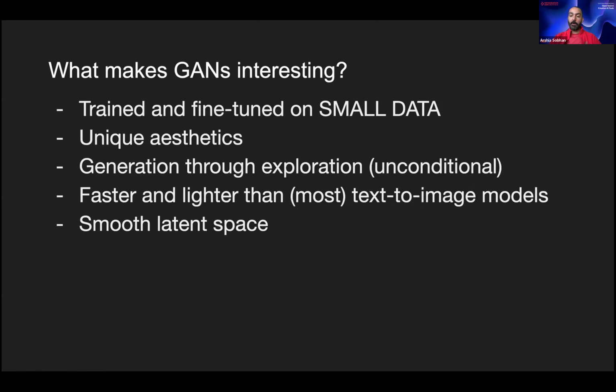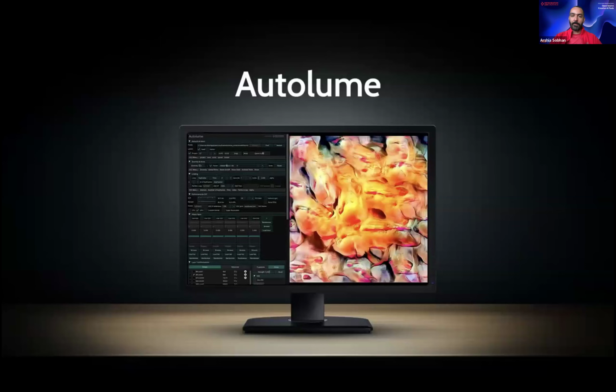That's why with Autolume on a gaming laptop, we can reach over 30 frames per second, which allows more real-time generation possibilities. And the fact that the latent space of the GANs is smooth, so this navigation and direct manipulation becomes even stronger. Okay, with that, I'll wrap it up and I will pass it over to Michael and Lionel for the full system demo.